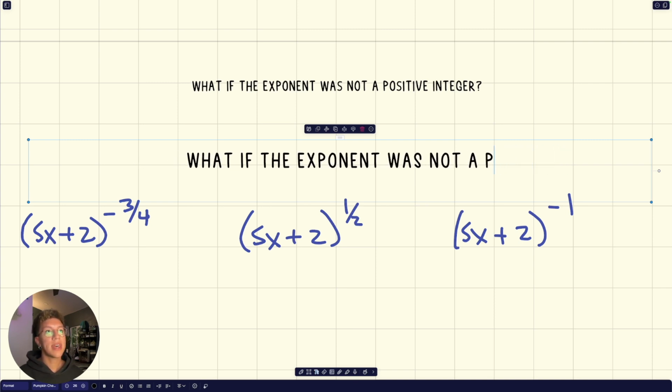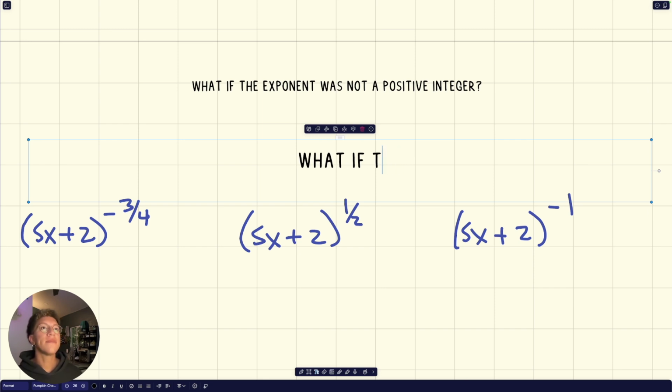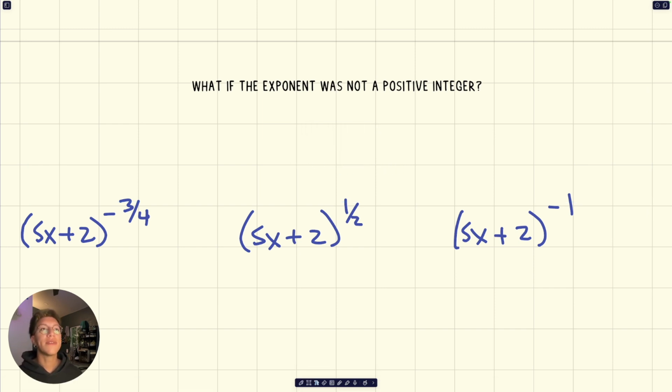We might have some binomials that look like this. Maybe this raised to the negative 3/4 power, maybe to the 1/2 power, maybe to the negative 1 power. So by the end of this video, we should be able to expand out each of these three cases. Let's just shrink those down and get those out of the way.